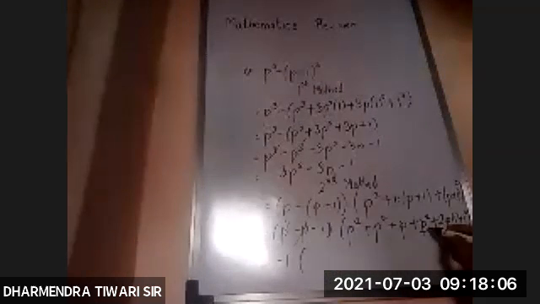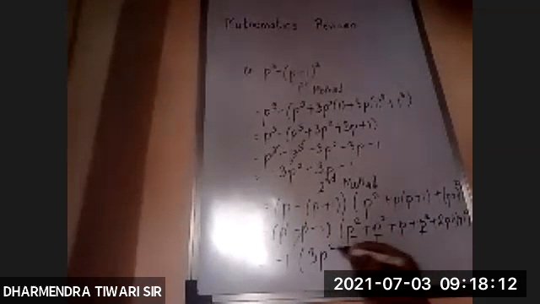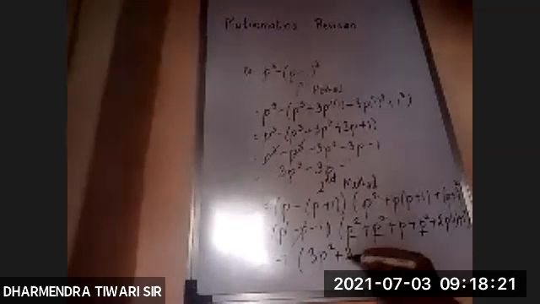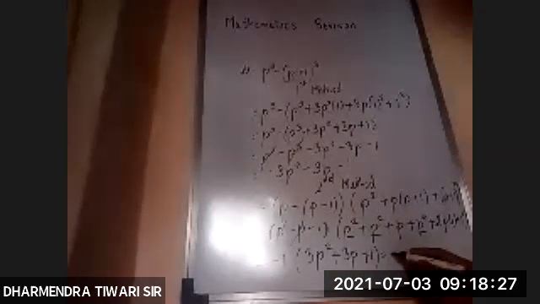After this is minus 1, and in the bracket we have 3p square, and here we have p plus 2p into 1 is 2p, p plus 2p is 3p, and plus 1. Once you open the bracket, it will take the form minus 3p square minus 3p minus 1. Done.